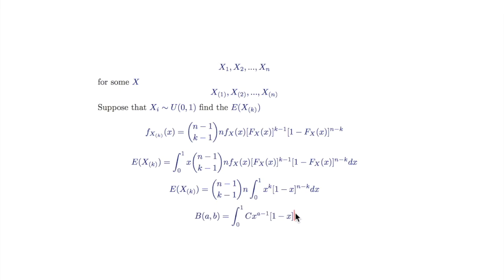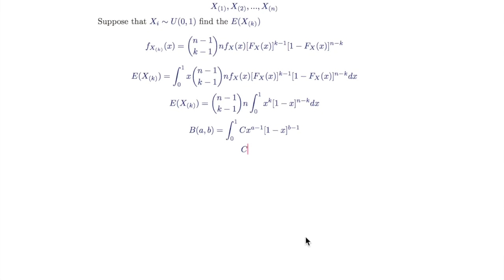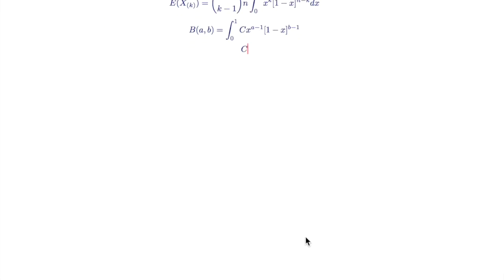x to the b minus 1, excuse me, where c is given by the gamma function of a plus b over gamma b gamma a. Cool.